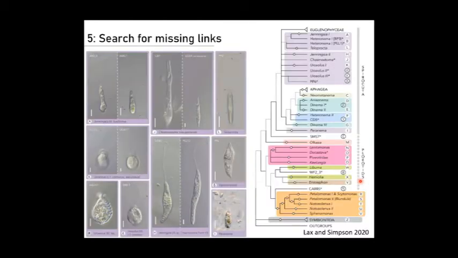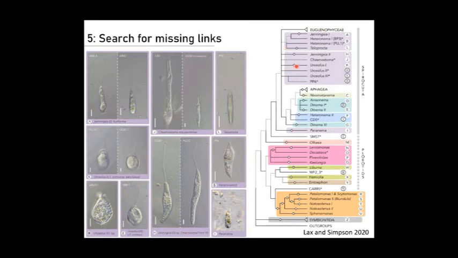And I would like to stress also the work illustrated here by, I believe, the latest article of Gordon Lax and Alastair Simpson, who do very nice work on heterotrophic euglenids, which are depicted beautifully here. And this is the latest scheme of the understanding of the phylogeny.